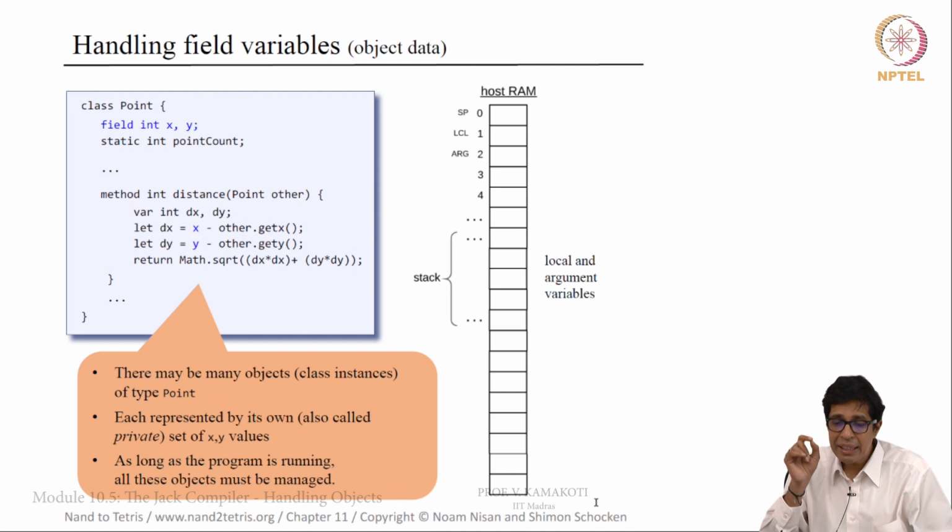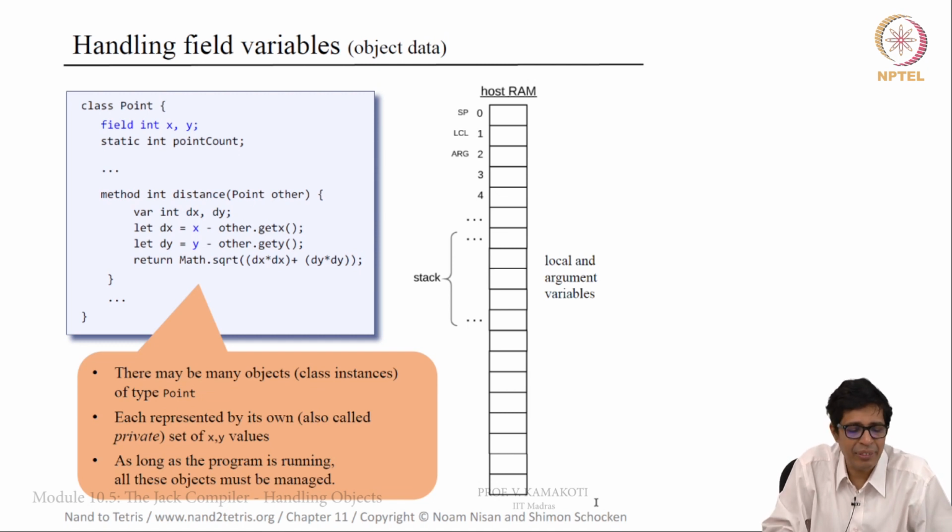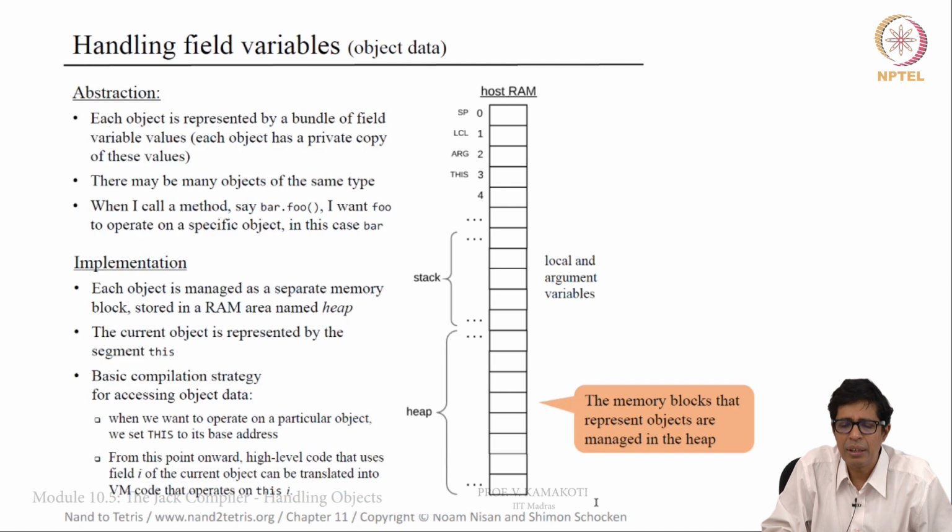And as I mentioned earlier, the field variables are going to be part of the this. So, every time the location 3 in the RAM holds the pointer to the current object which is being handled. If I am executing a subroutine of some object k, the start address of where that object is stored is there in this.